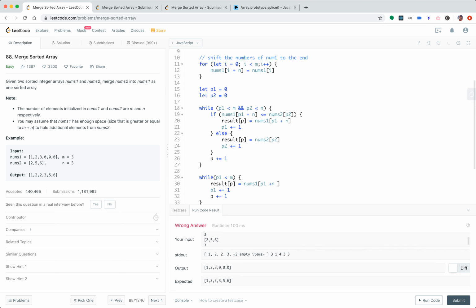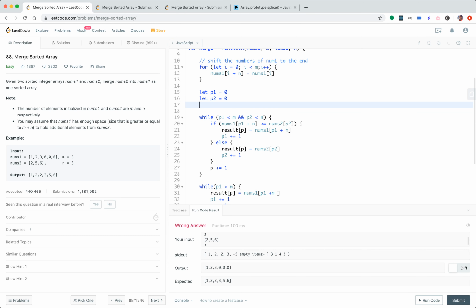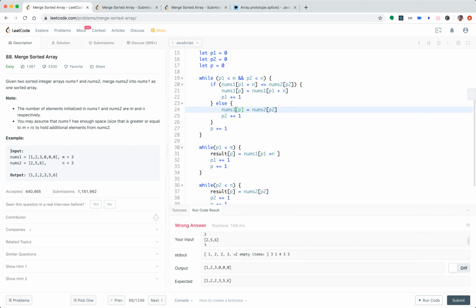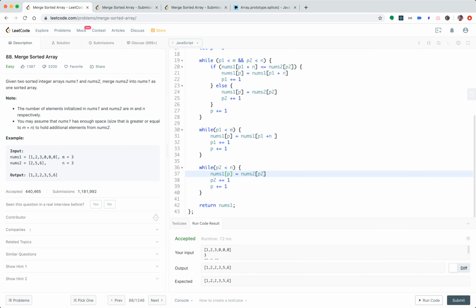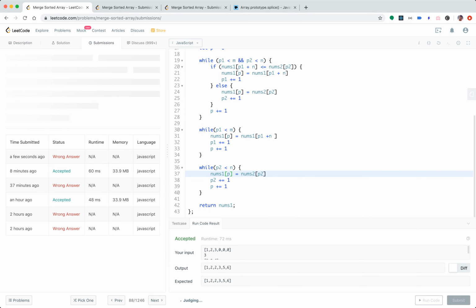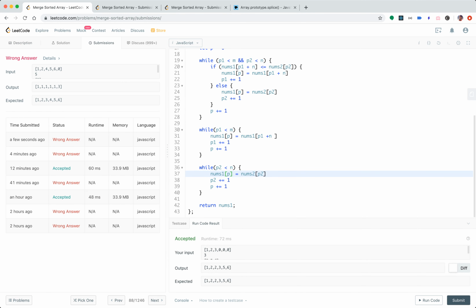And now the result is gone, so let p equals 0. We should use nums1. Okay, we run the code. Yeah, it's working. Wrong answer. What?